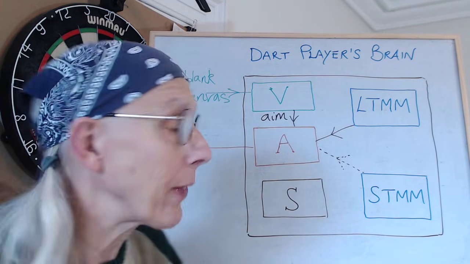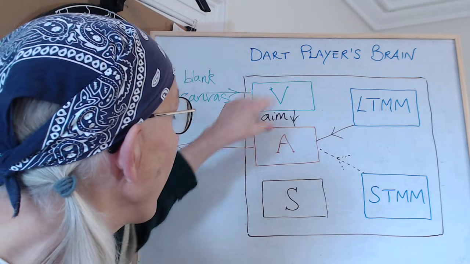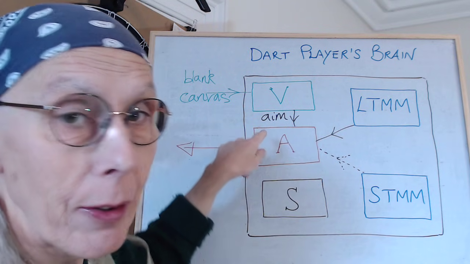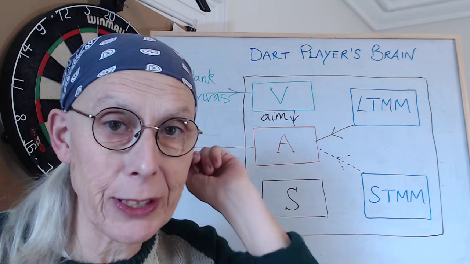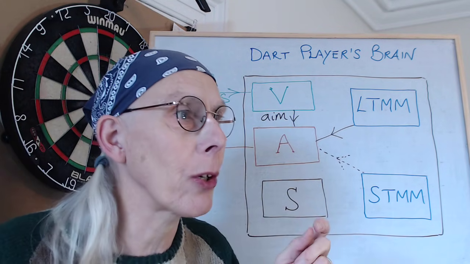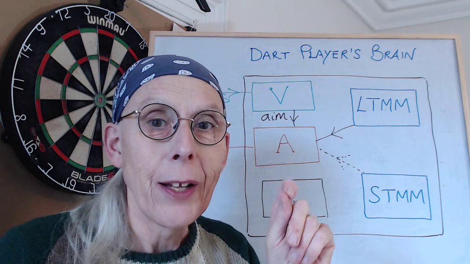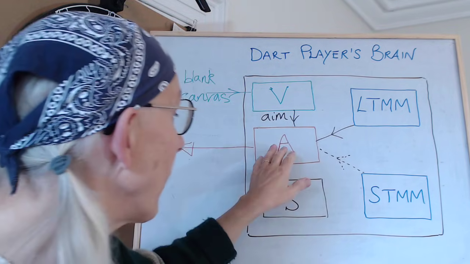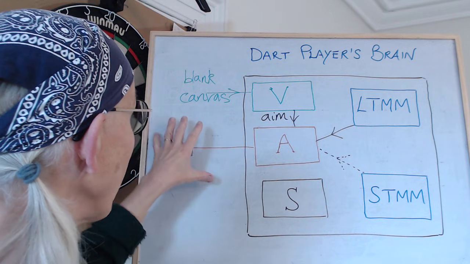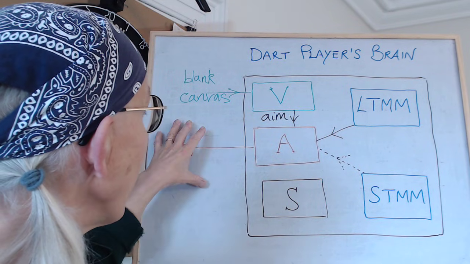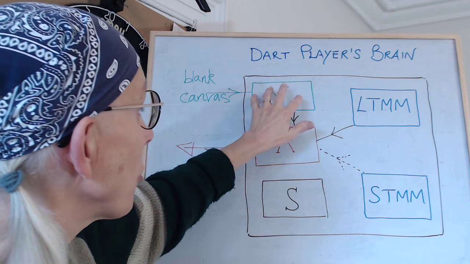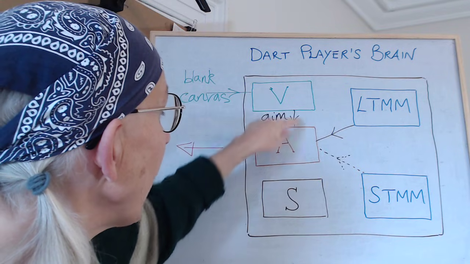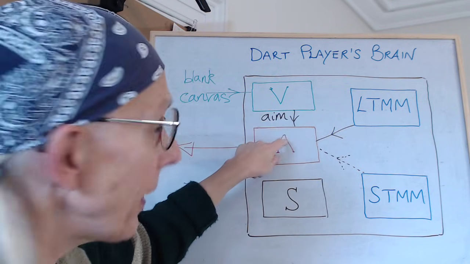Just very briefly then, we have the actuator. This is the part of our brain that is the go decision, like there's no going back, you throw the dart. So that activates the muscles to throw the dart, and that's the outside world. The dart has gone. This is the visual cortex, so feeding into the actuator is what we see.